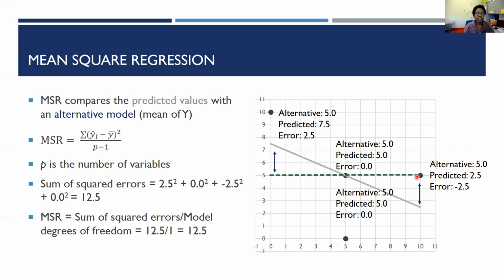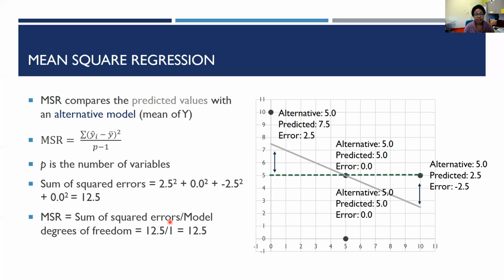The alternative model predicts they would get a 5, and so their error is negative 2.5. According to this equation, we're going to square each of those. So 2.5 times 2.5, negative 2.5 times negative 2.5, 0 times 0, and 0 times 0. And that will give us a total sum of squared errors of 12.5.